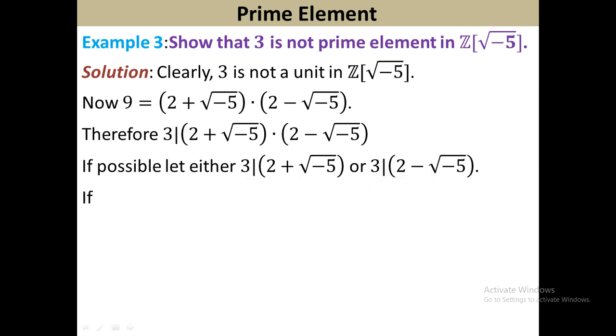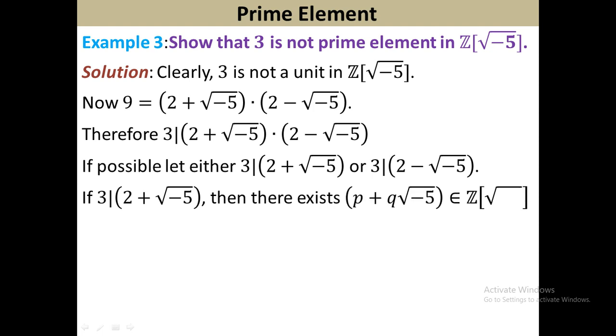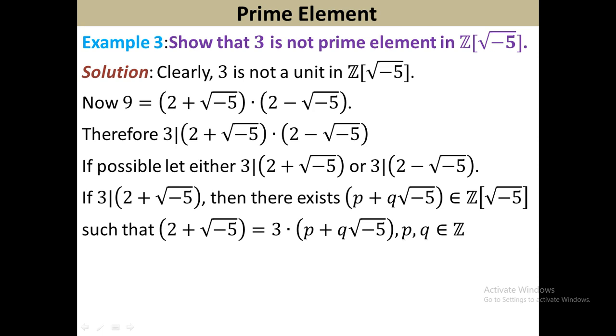Now if 3 divides 2 plus square root of minus 5, then there exists an element p plus q square root of minus 5 such that 2 plus square root of minus 5 equals 3 times that. If you simplify, the right hand side gives 3p plus 3q square root of minus 5.